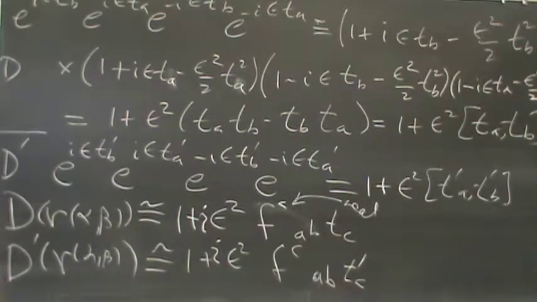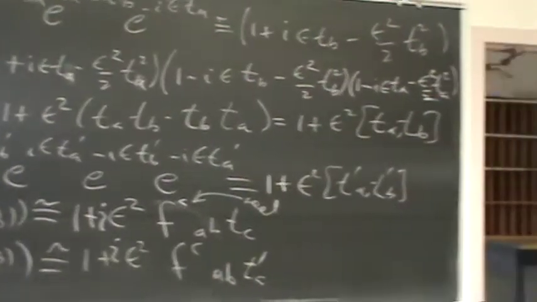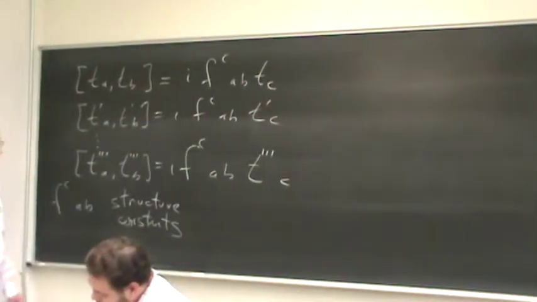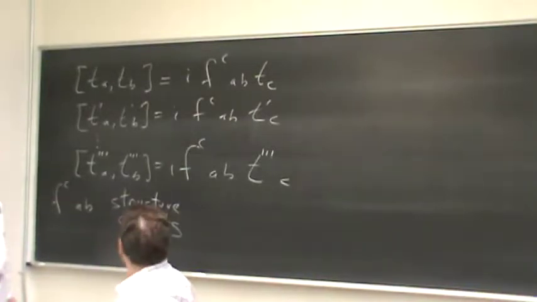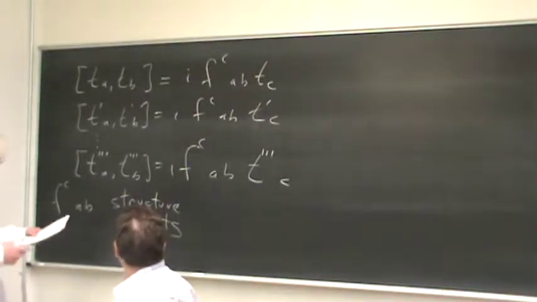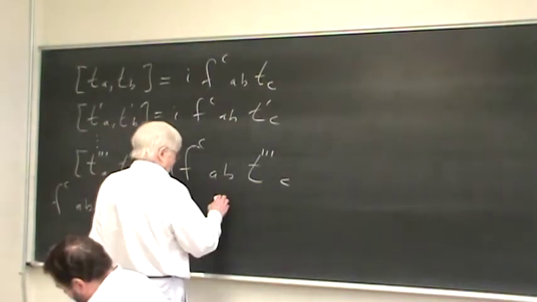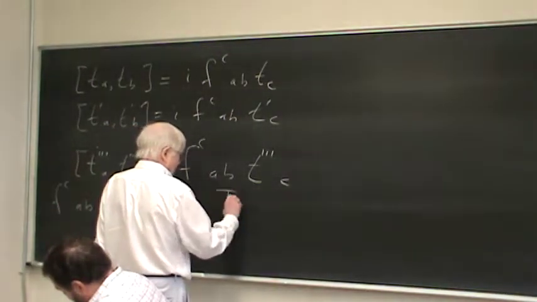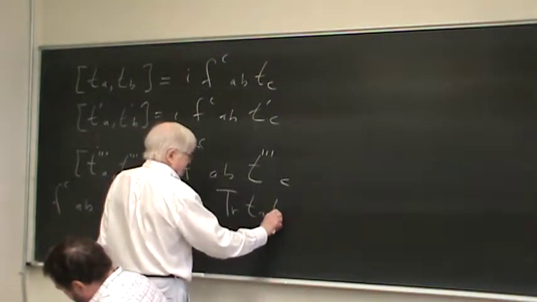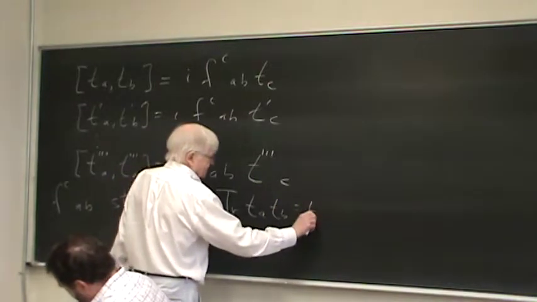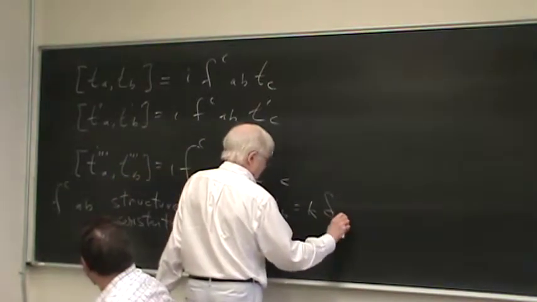All right, well, these T's, you can multiply them by constants and so forth, and you can make them orthogonal, and so you can have the trace of TA with TB equal to some K delta AB.